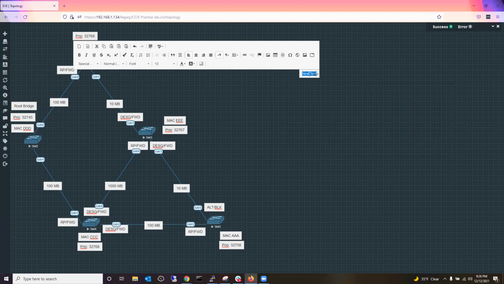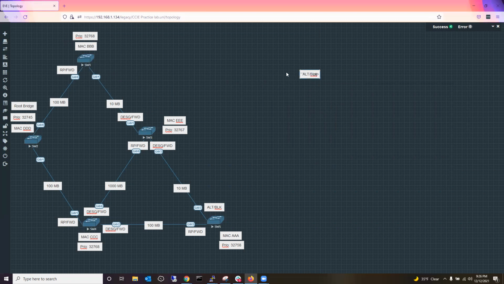So you said that'll be in a blocking state? Yes. Because you would still have a spanning tree loop between switch 1, 2, 3, and 4 if that port isn't in a blocking state.